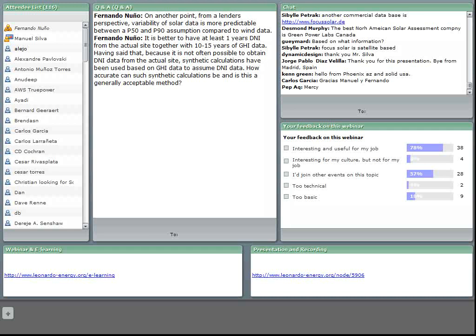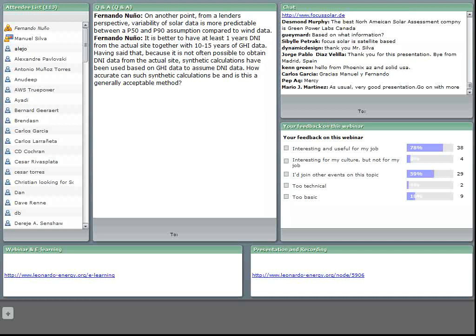A generally acceptable method, I would say the method commonly used, is basically the one I have presented. That's to use the decomposition models and estimate the beam component, DNI, from the global. It's an acceptable method. It's probably not optimum, but it's acceptable, and it provides reasonable accuracy.